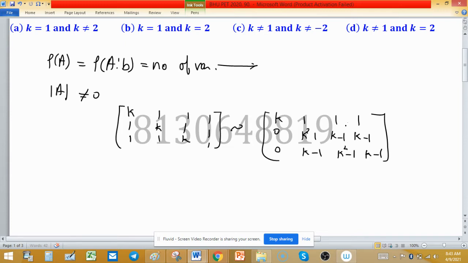So for a unique solution, the rank of this matrix should be 3 because the number of variables is 3. Because k minus 1 is involved here, and here, and here, in all these last non-zero row entries, k minus 1 is involved.